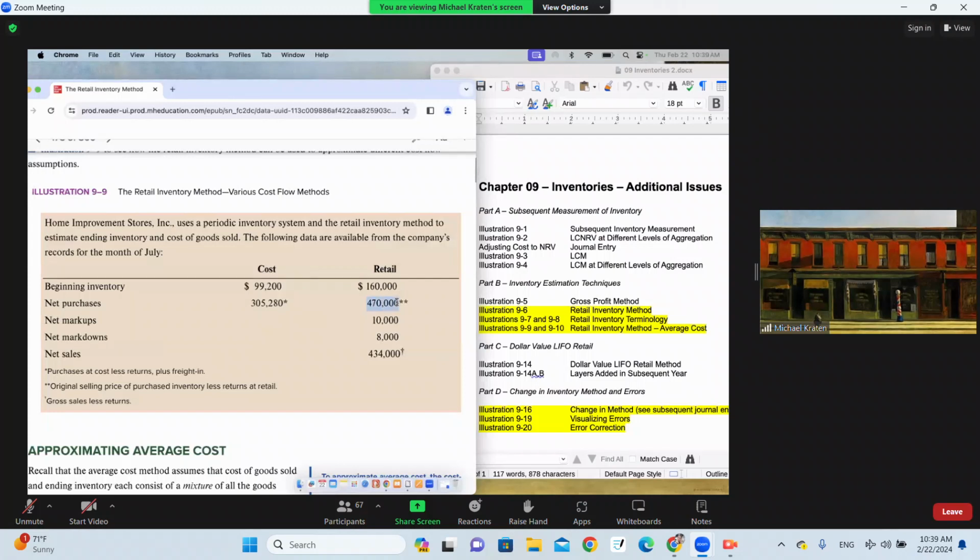Now, after I initially mark up the purchases and the beginning inventory to a higher retail price, I might mark them up some more. And on other days, I might mark them down.